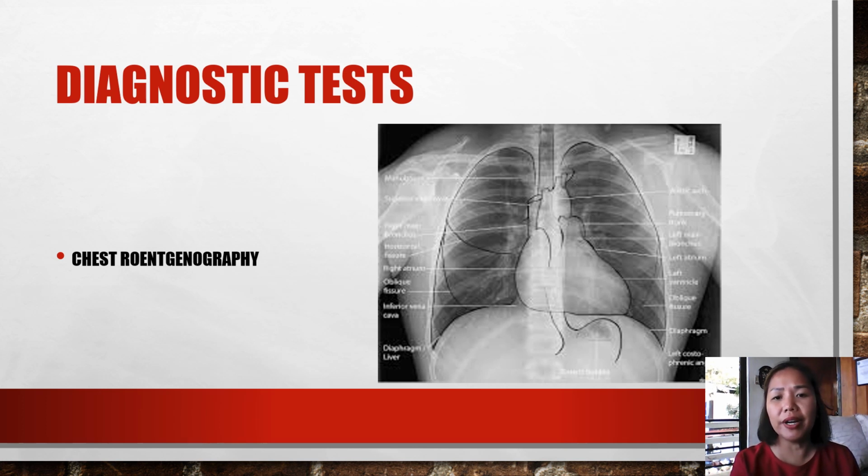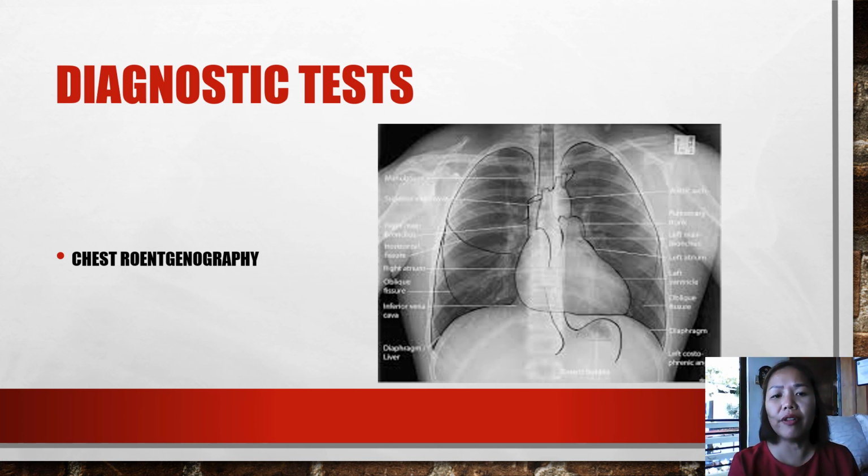When the maximal cardiac width is more than half the maximal chest width, or a cardiothoracic ratio of greater than 50%, the heart is usually enlarged. In the posterior-anterior view, the right cardiac silhouette is formed superiorly by the superior vena cava and inferiorly by the right atrium.